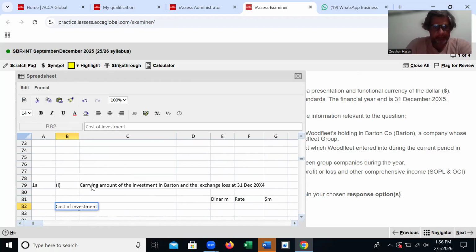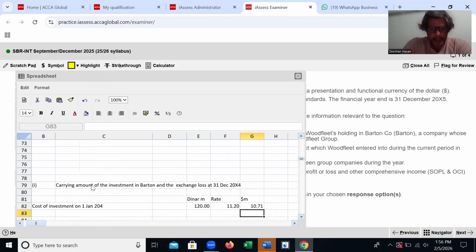Cost of investment on 1st January X4 is 120.